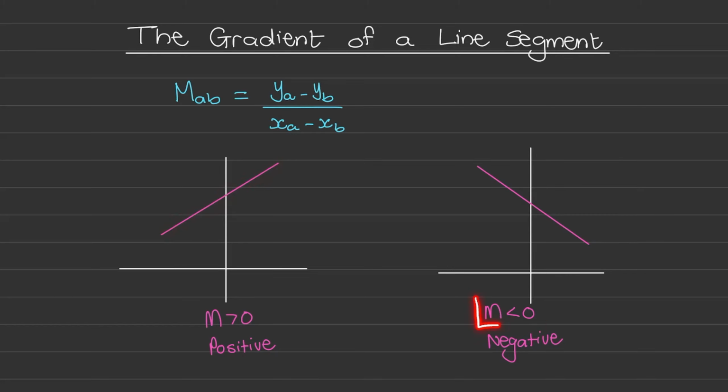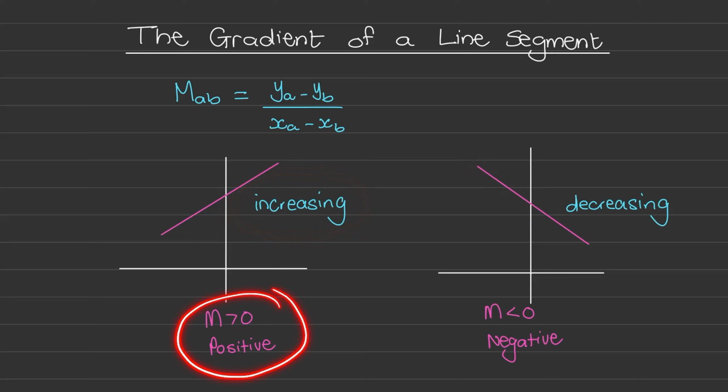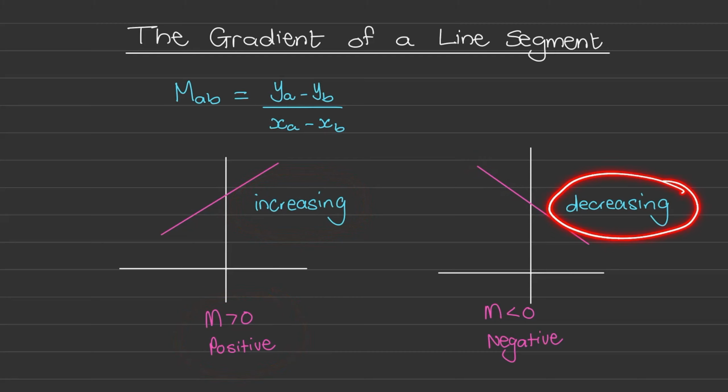And when the gradient was smaller than 0, or a negative value, then the line segment would be decreasing on the Cartesian plane. So if I start on the left and I follow the line, I'll move to lower and lower values. But in most examples and assessments, we'll speak about an increasing line when the gradient is positive and a decreasing line when the gradient is negative.